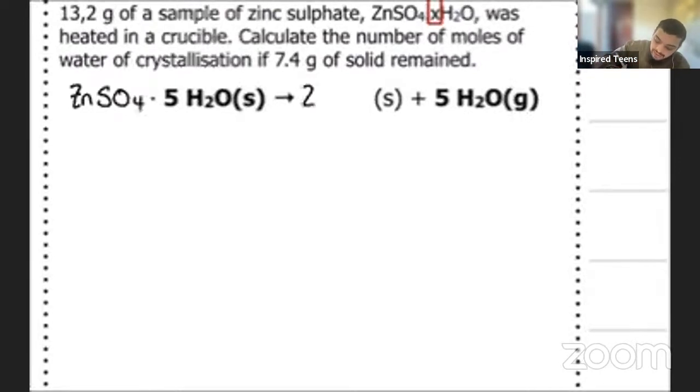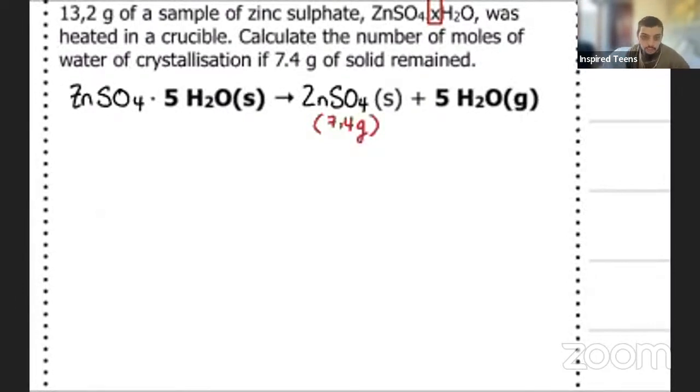It's going to form ZnSO4 solid, plus H2O. So they are telling us that 7.4 grams of solid remained behind. So that's this here. After the water was evaporated, 7.4 grams of solid was left behind.